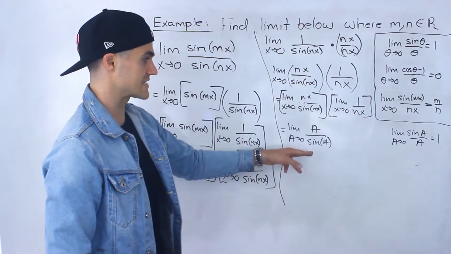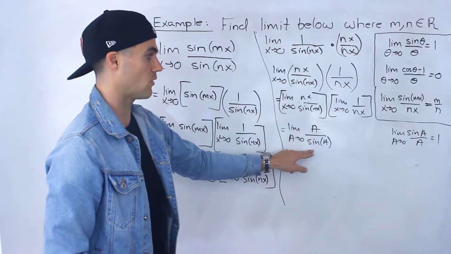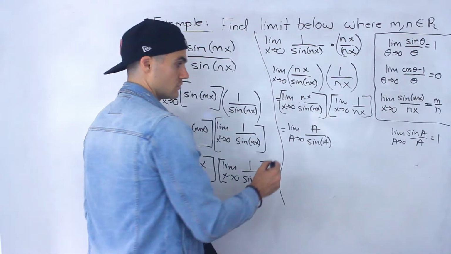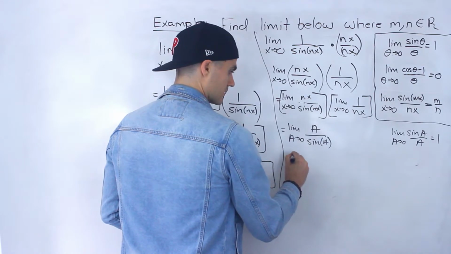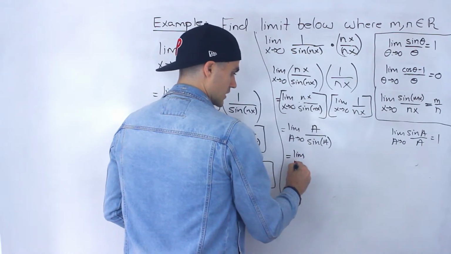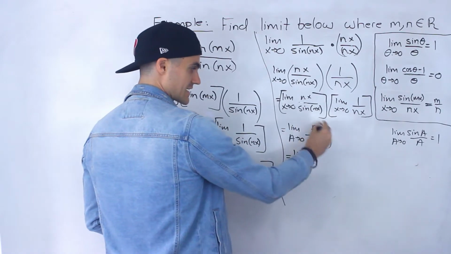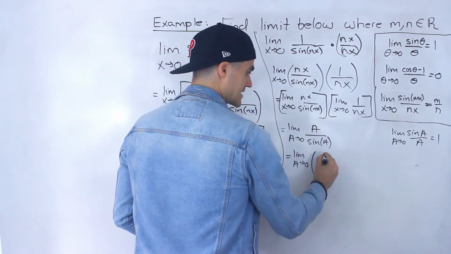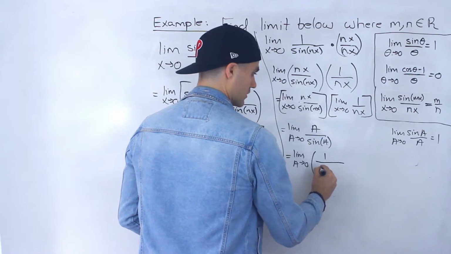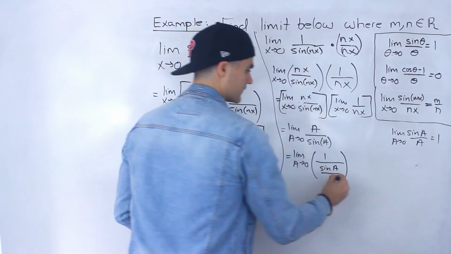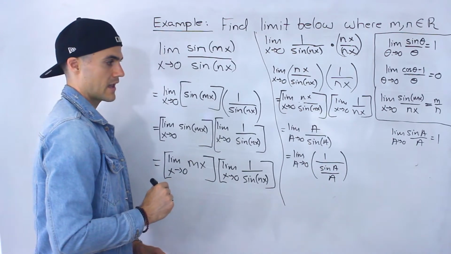But notice this is not sine a over a, it's a over sine a. However, what we can do, so this is where it's a little unique, we can actually rewrite this expression as 1 over sine a over a.